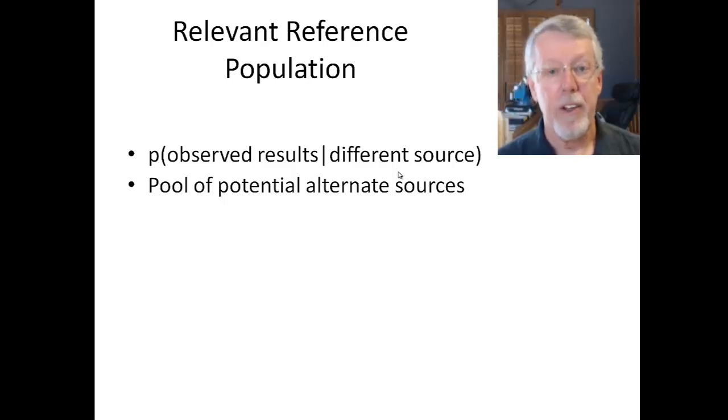If in the DNA case it was known that the perpetrator was an African American, and so only African Americans were likely to become suspects, then the pool of alternative sources is other African Americans. On the other hand, in a case where it wasn't known what the race of the perpetrator was, then the pool of alternative sources should include all different races and ethnicities that make a difference.